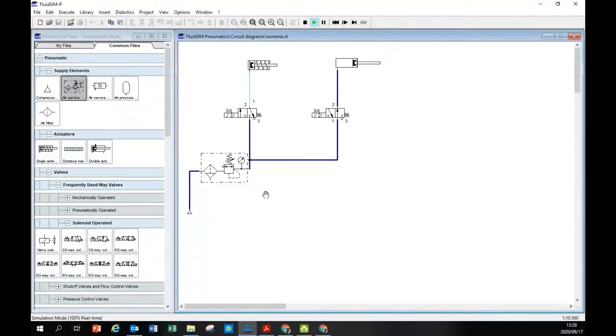Okay, so now we have these three two-way valves. As you can see, they are both actuated, and this one is normally open. Remember, normally open in PLC.